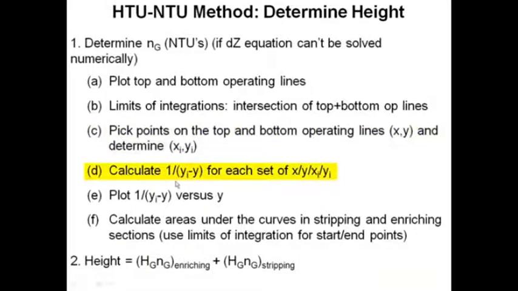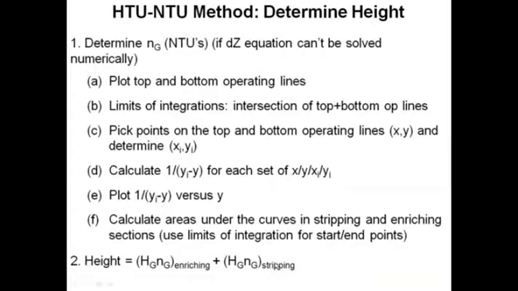We'll calculate 1 over Yi minus Y for each set of points. Then we'll plot 1 over Yi minus Y versus Y. And finally we will calculate the areas under these curves to plug that into our height equation in step 2, with the height equaling Hg Ng enriching plus Hg Ng stripping.